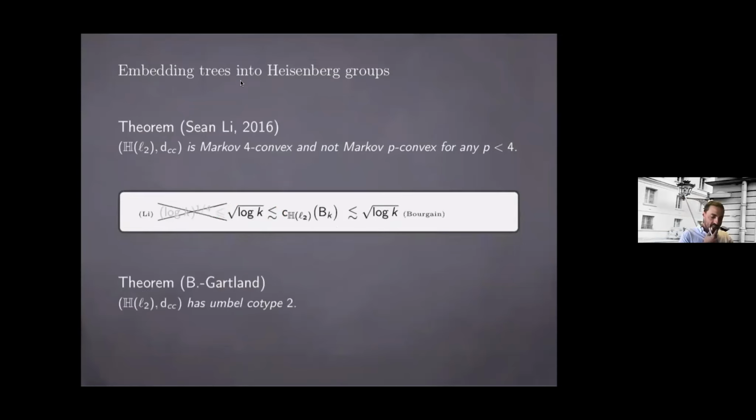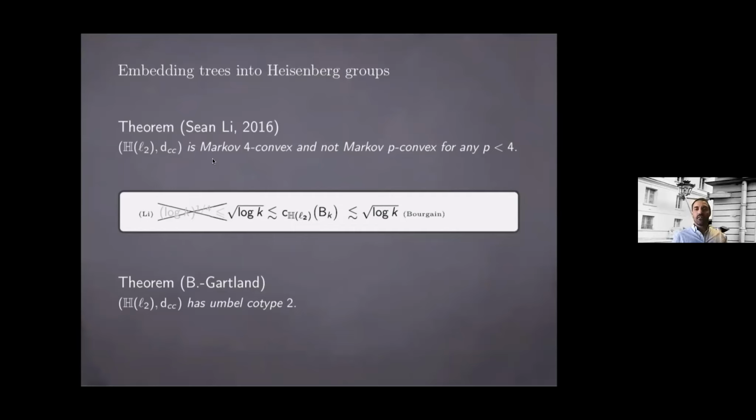Now with Chris, we tried to compute what could be the value of our metric invariant for the infinite dimensional Heisenberg group. And we couldn't actually compute the Umbel convexity constant, but we were able to compute the Umbel cotype, because it's easier to compute the Umbel cotype.